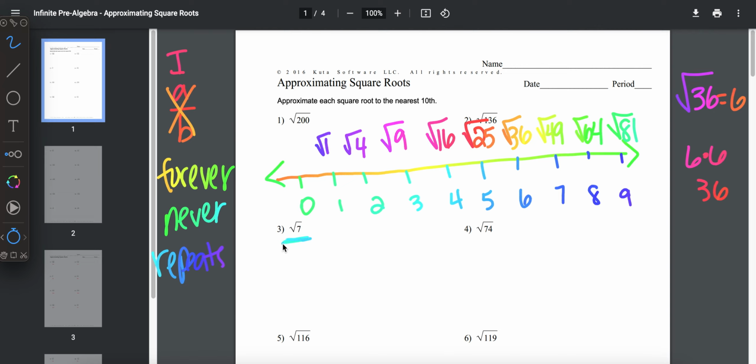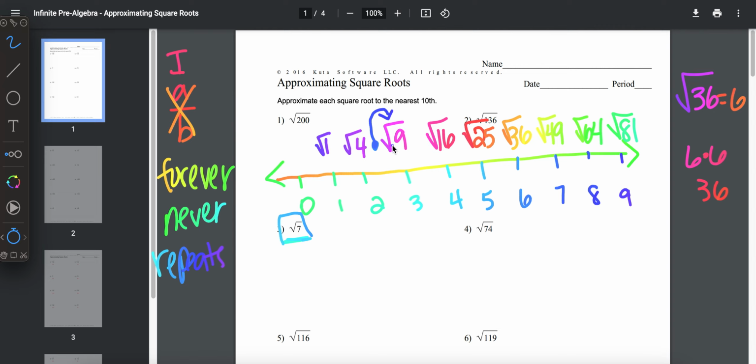So square root of 7, since it's written in square root form, I'm going to look at my square roots. And square root of 7 is going to lie between square root of 4 and square root of 9. Well, is 7 closer to 4 or is 7 closer to 9? It's closer to 9, right?